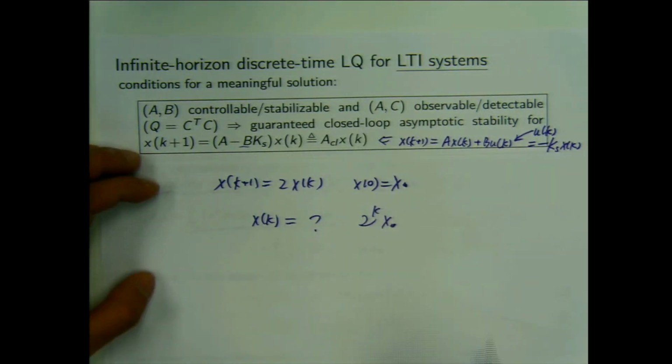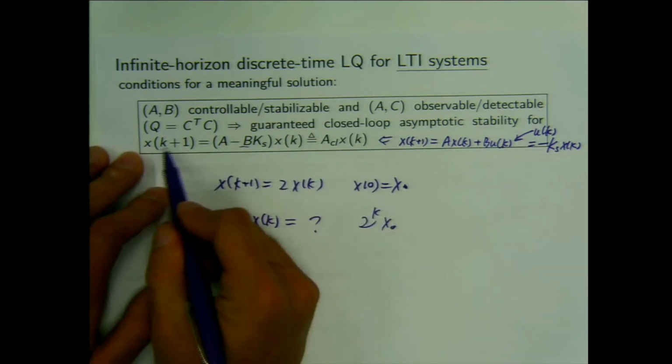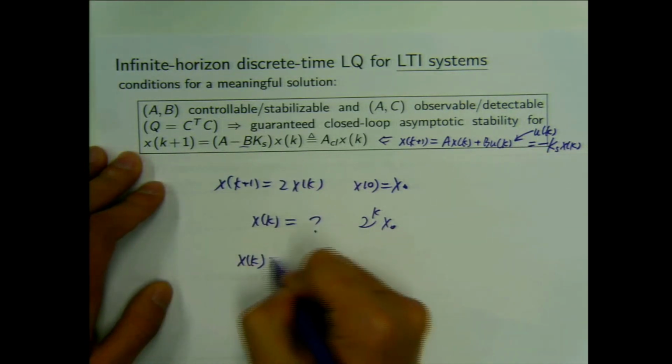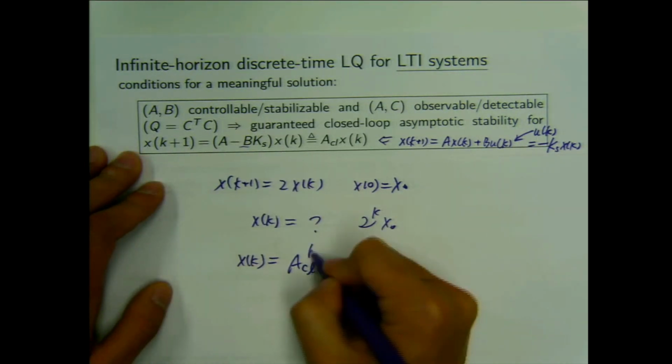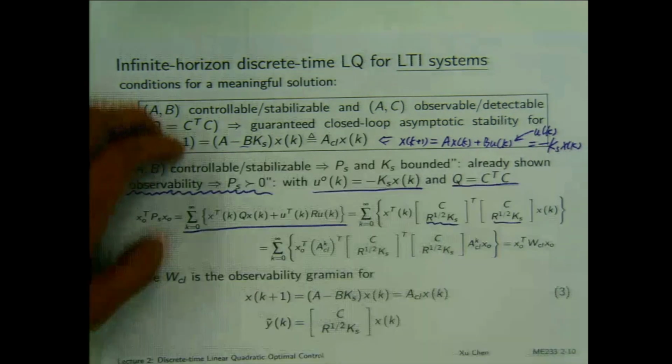Right? Yeah, that's what I was asking. So if I give you this, what are the solutions for x? So the solution for x of k is this. For this general equation here, x_k equals A_CL^k x of 0. Okay? So do this step.